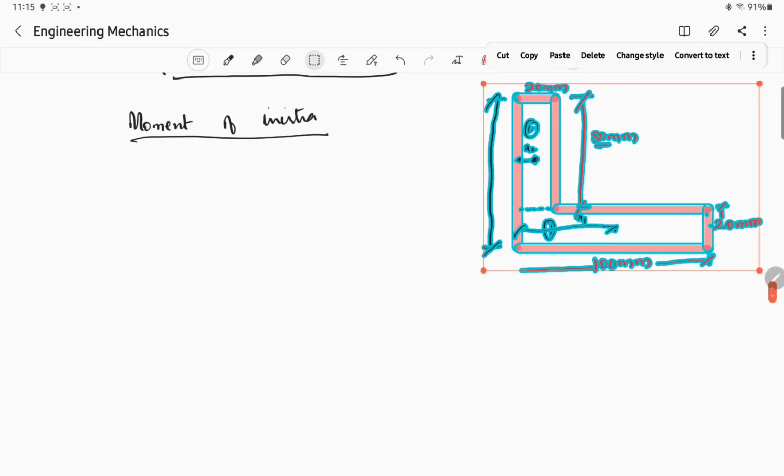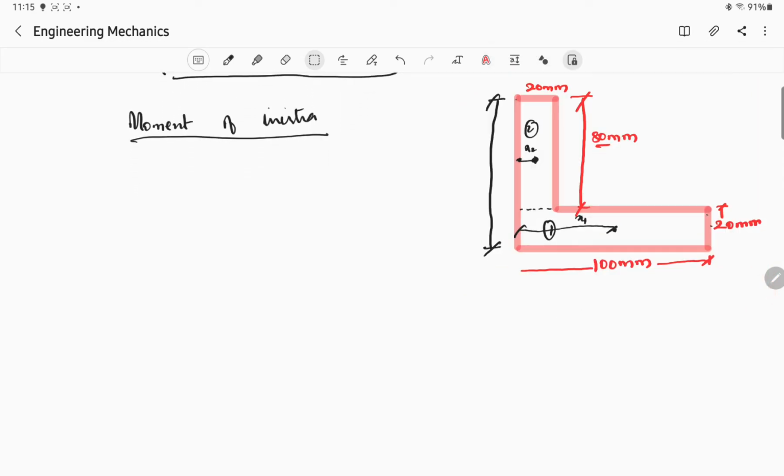I'll keep it here. Okay, now what is moment of inertia about its y axis? So Iy1, initially we had taken Ix1, now we'll take Iy1. Iy1 is equal to d b cube by 12, isn't it?